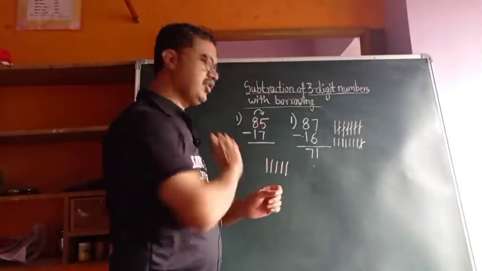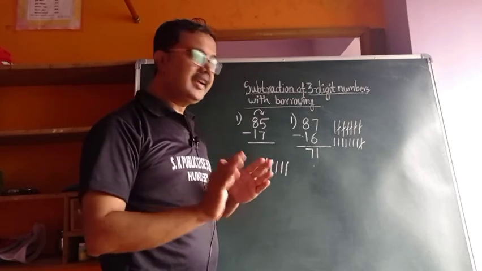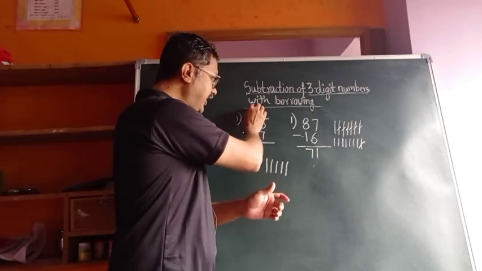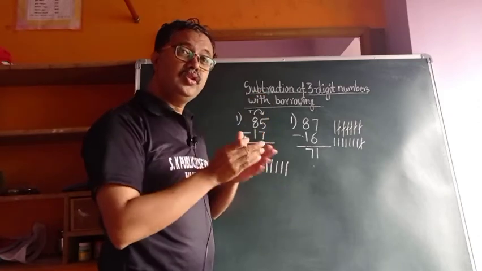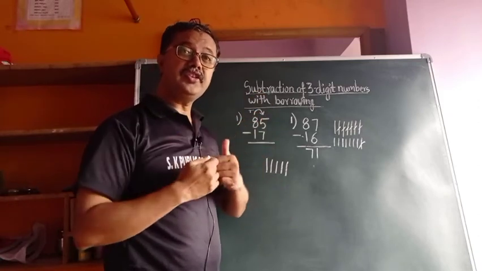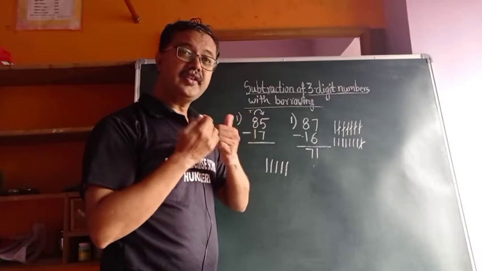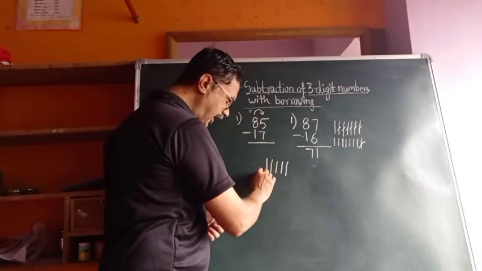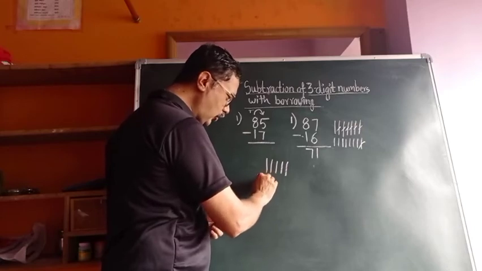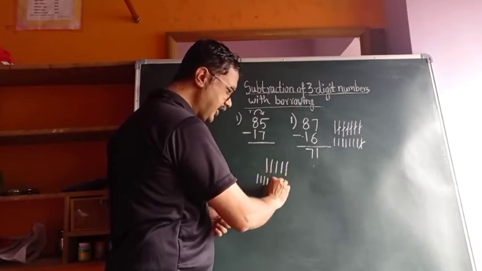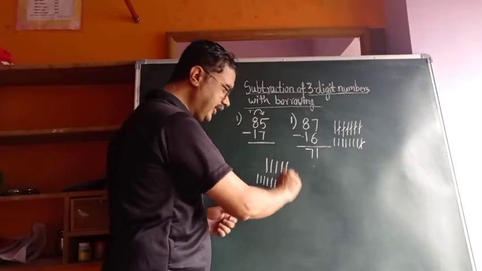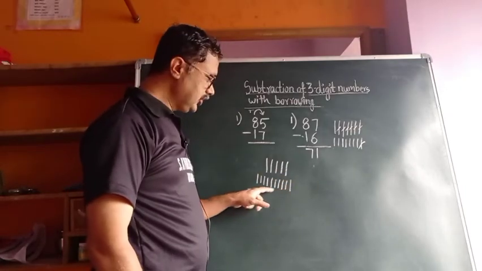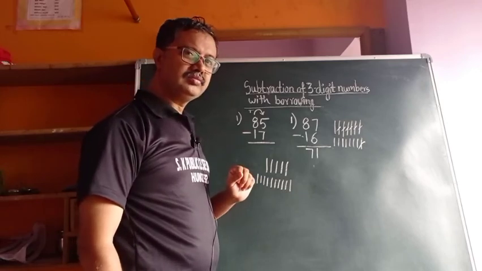You have 5 chocolates, and from the tens place you are borrowing 10 chocolates. 1, 2, 3, 4, 5, 6, 7, 8, 9, 10. Here we borrowed 10 chocolates.